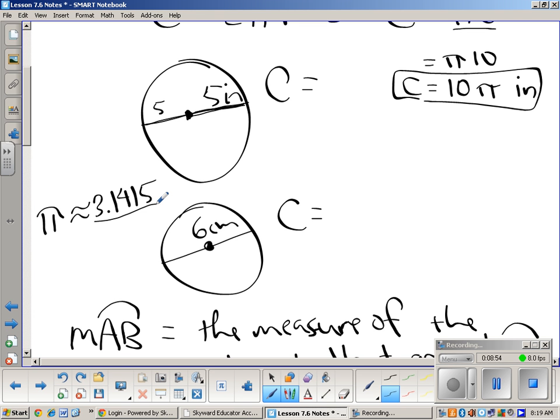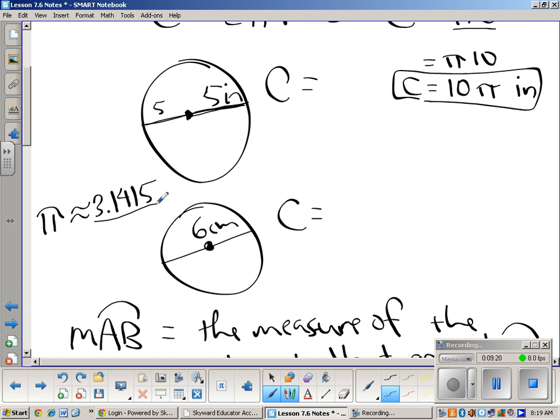Occasionally, depending on where you're rounding to, you'll get a different answer using 3.1415 than you will using the pi button on your calculator. Again, if you're rounding to the tenth, it's probably not going to matter. But depending on where you're rounding to, it may make a difference in the answer. So be very careful to use what they say to use.